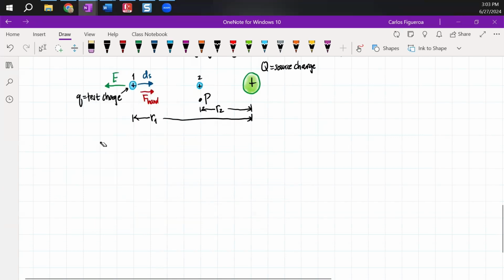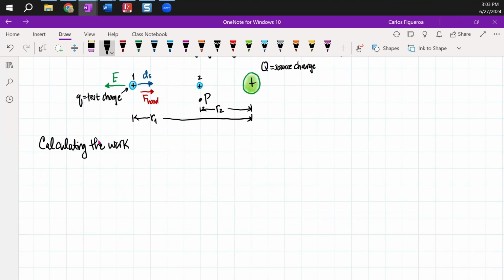So now, calculating the work, I'm then going to see that I have an external force doing the work. So I'm going to say that this is the external work, and I'm going to define that as the work from 1 to 2.